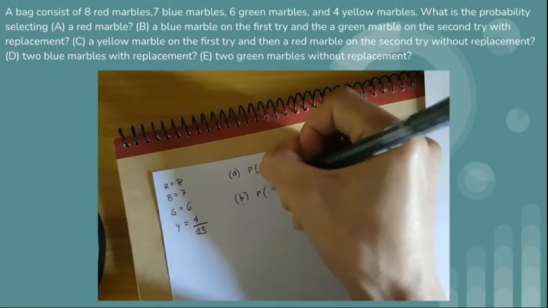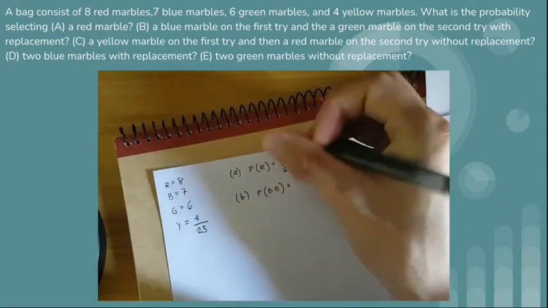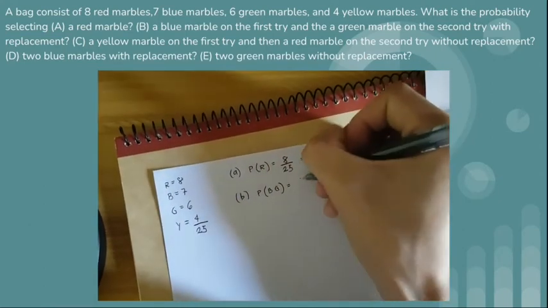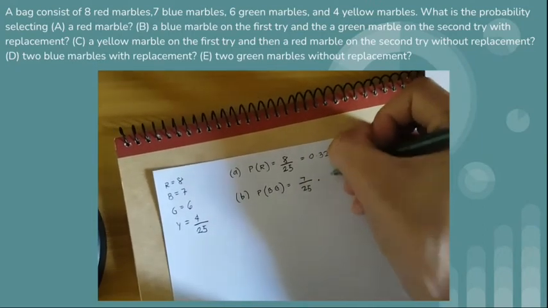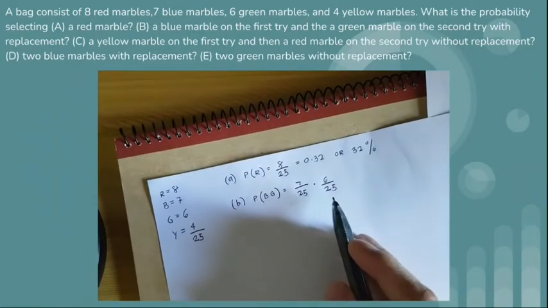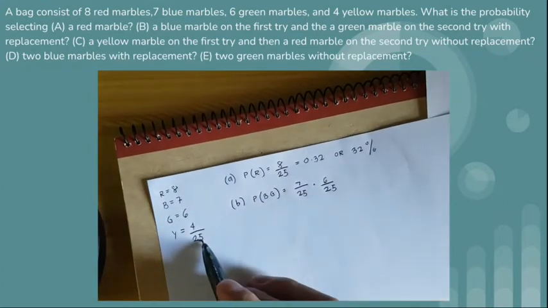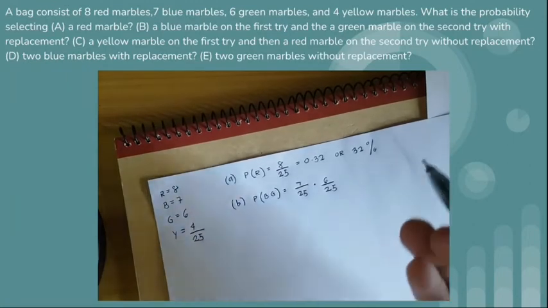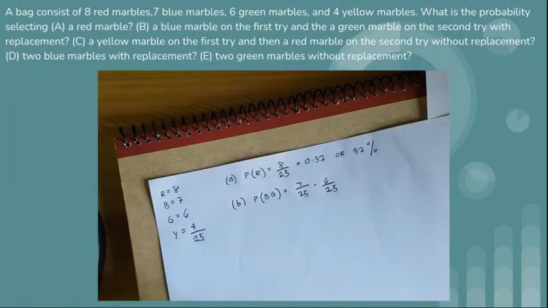So, probability of blue and green. So, it is equal to 7 over 25 multiply 6 over 25. So, dahil independent siya, makikita natin dito, 25 pa rin yung ginagamit natin na total outcomes. Kasi, with the replacement, ibig sabihin, kapag nabunot na natin yung blue, ibabalik natin ulit.